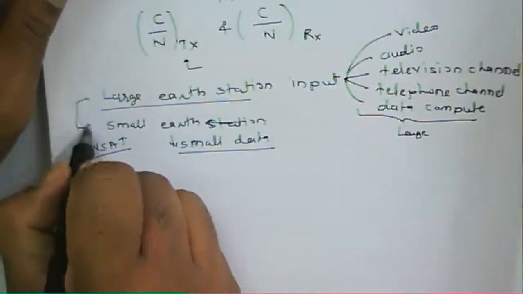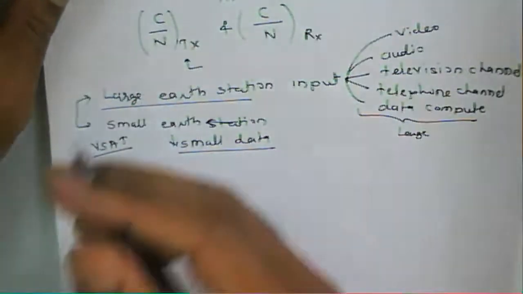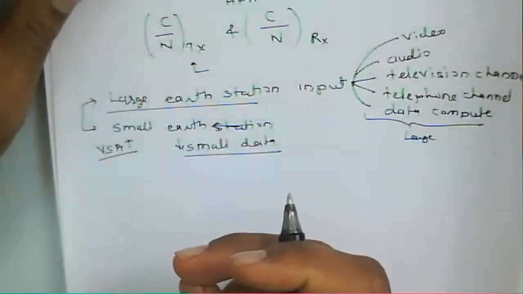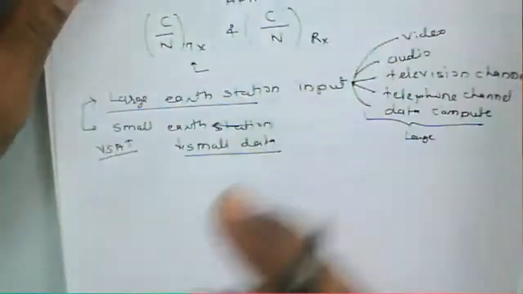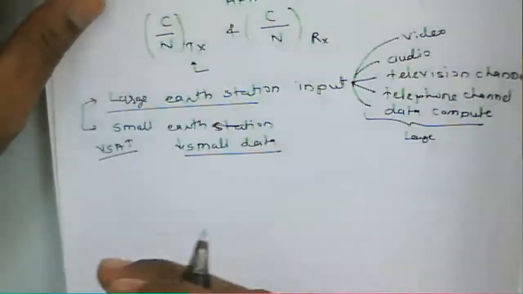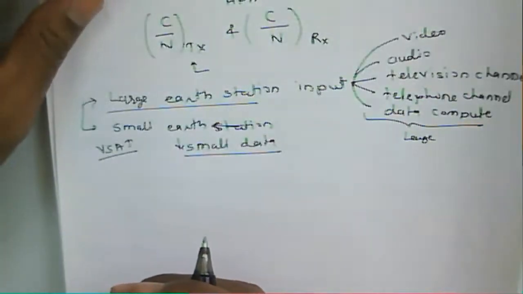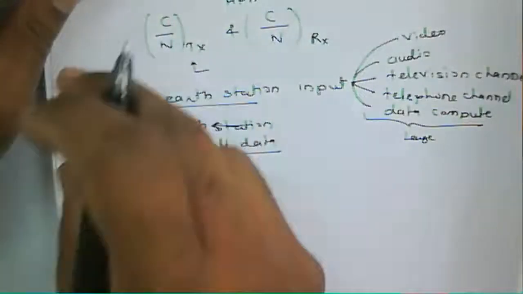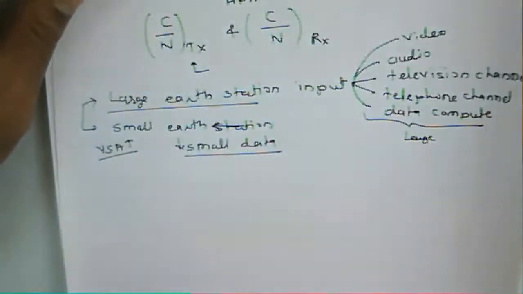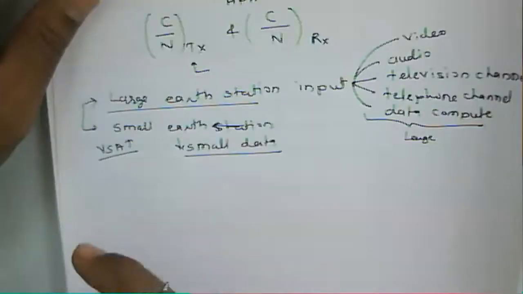So whether it is a small earth station, large earth station, or a medium earth station depends upon what type of data is transmitted through this earth station. And the larger and smaller station again depends upon the size of the antenna.